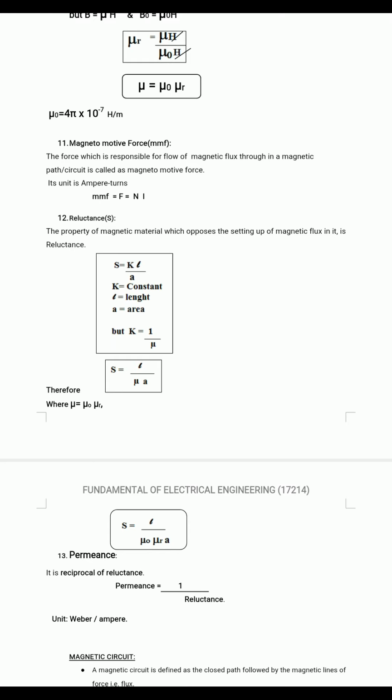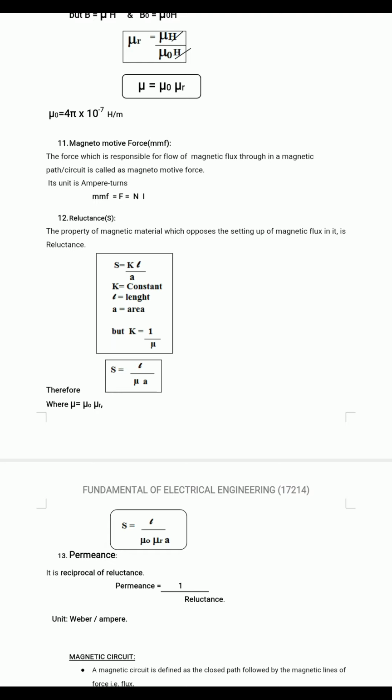So these things are related to the electrical circuit, whereas in a magnetic circuit there is reluctance, and the reciprocal of reluctance is called permeance. Permeance is the ease of flow of magnetic fluxes through the magnetic material.